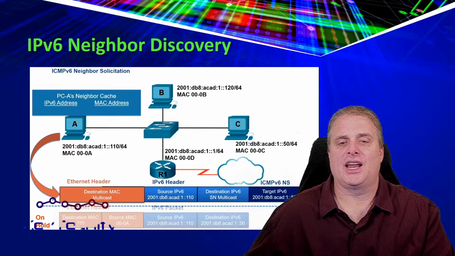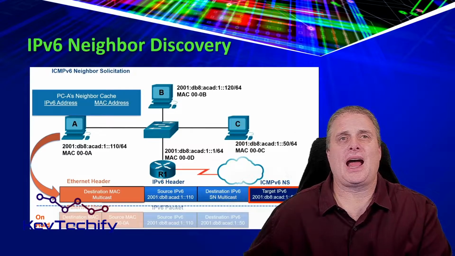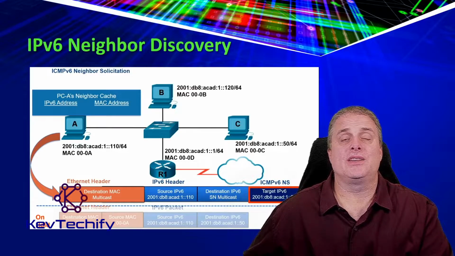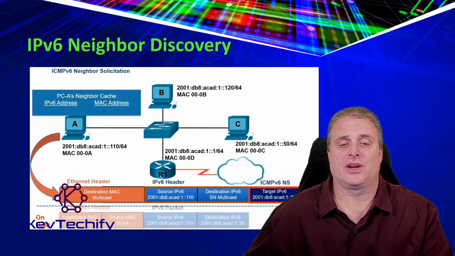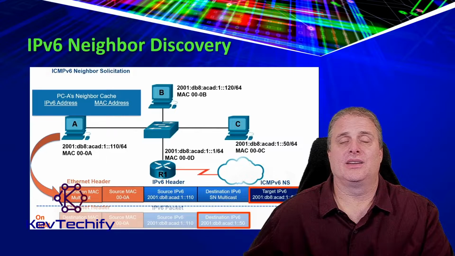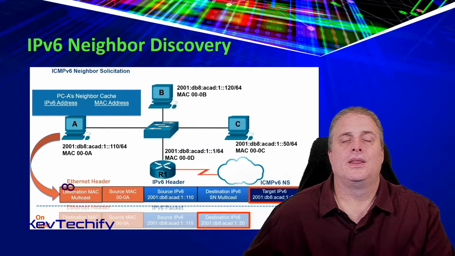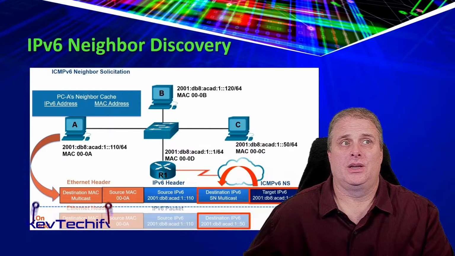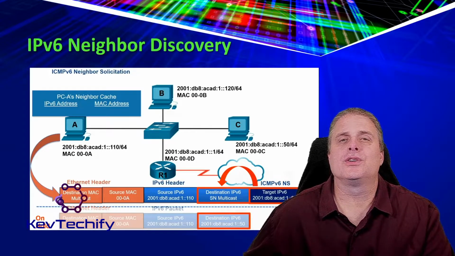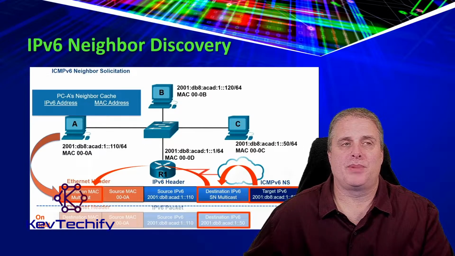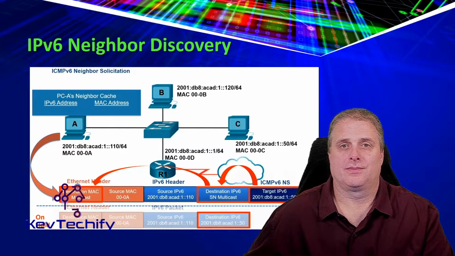The ICMP version 6 neighbor solicitation header includes the target IPv6 address, which is the same destination IPv6 address that is in the IPv6 packet. The IPv6 address is mapped to a special IPv6 solicited node multicast address, which is then mapped to a special Ethernet multicast MAC address.